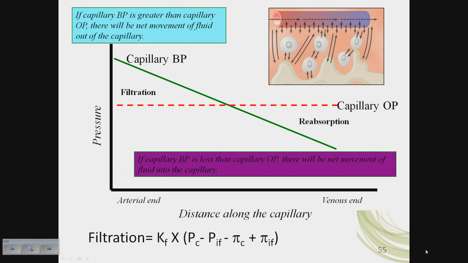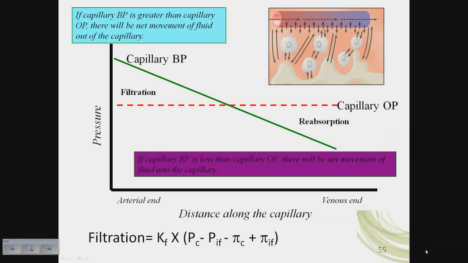And as the fluid leaves and renews and freshens up that interstitial fluid, the capillary hydrostatic pressure drops. And when it drops enough, the capillary colloid osmotic pressure is now higher than the hydrostatic pressure. And the arrows now are favoring inward movement of fluid.